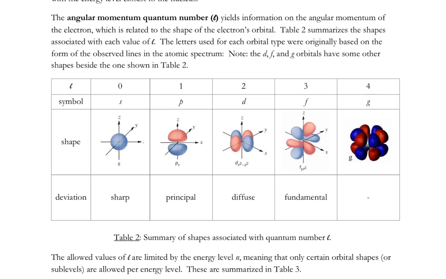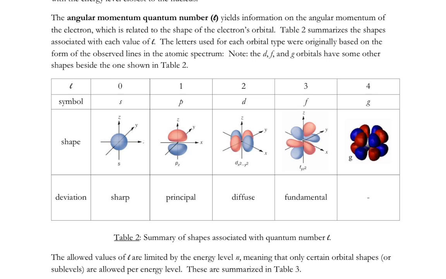The shape of all s orbitals is spherical. The shape of all p orbitals are what we call dumbbell. They have two lobes, a lobe above, a lobe below. Or if they're oriented on the x-axis, a lobe to the left, a lobe to the right. Or on the y-axis, a lobe behind and a lobe in front.